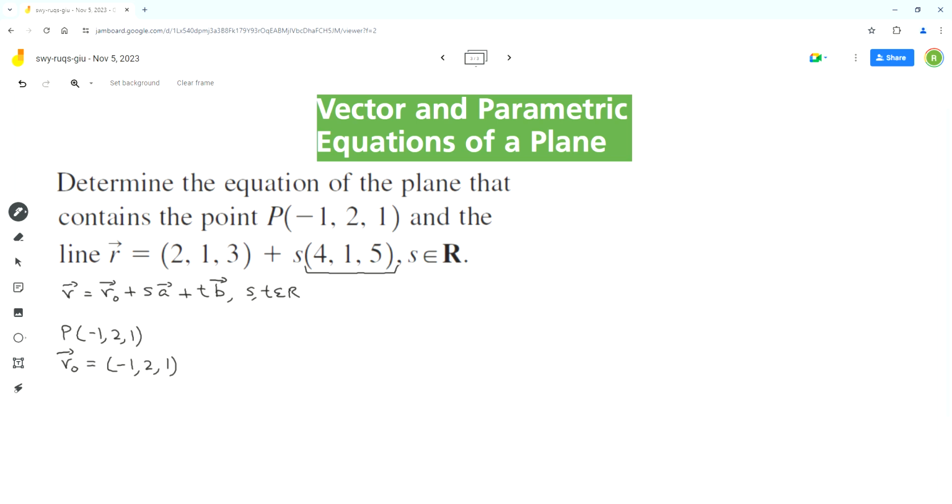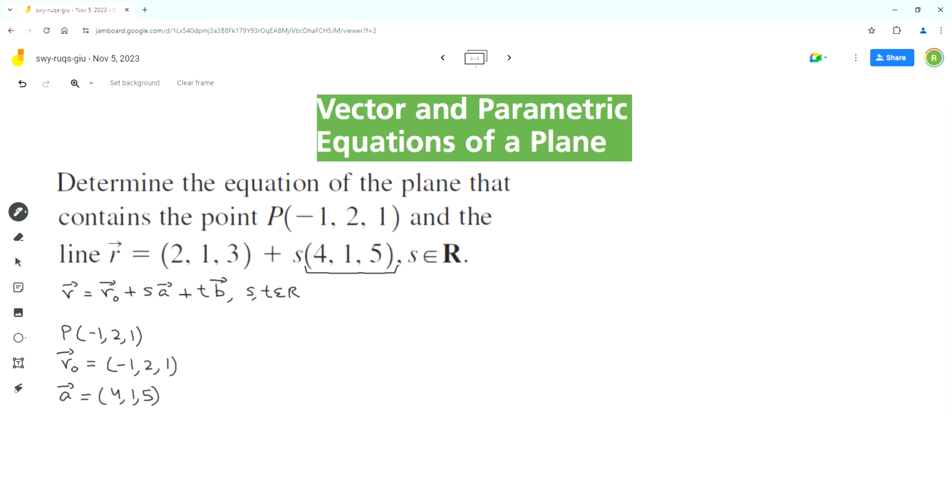So there is a very important concept we need to understand and memorize. So vector A can be equal to vector (4, 1, 5).